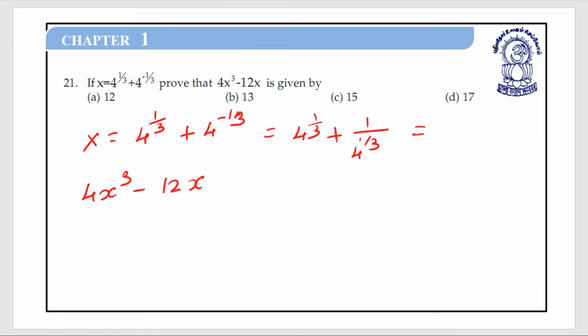Okay, here we consider 4 raised to 1 by 3 is equal to a, so it is a plus 1 upon a.